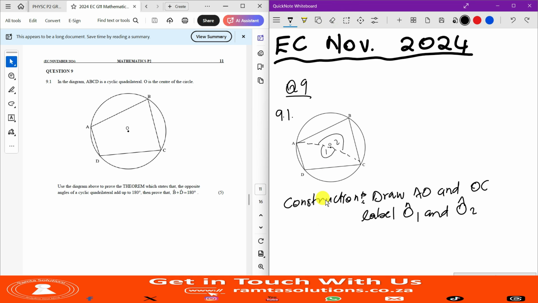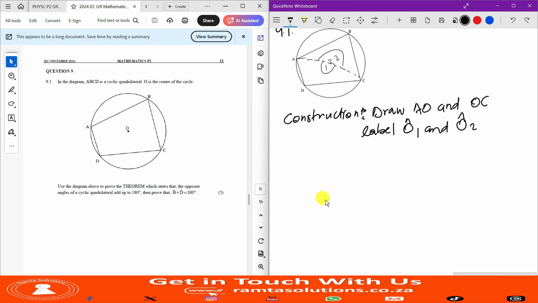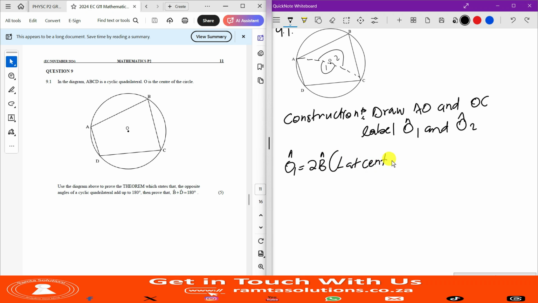All right. Now we can begin and say, angle O1 is equal to 2 times angle B. Why is that? This is because the angle at the center is equal to twice the angle at the circumference.